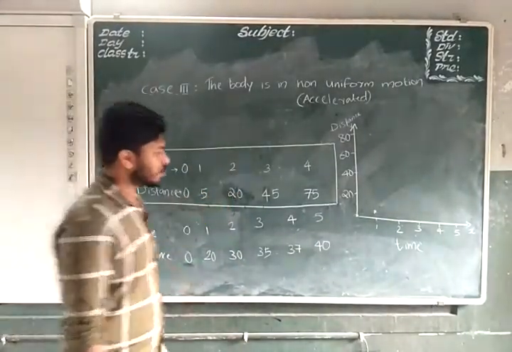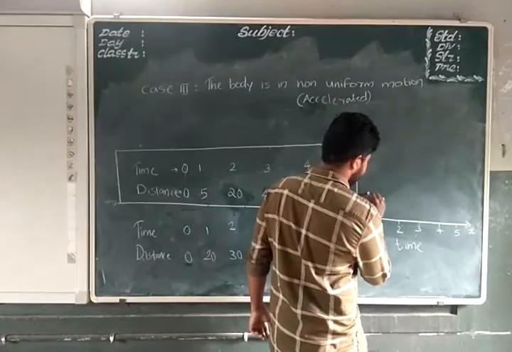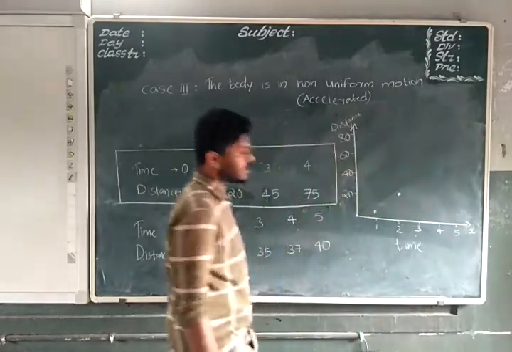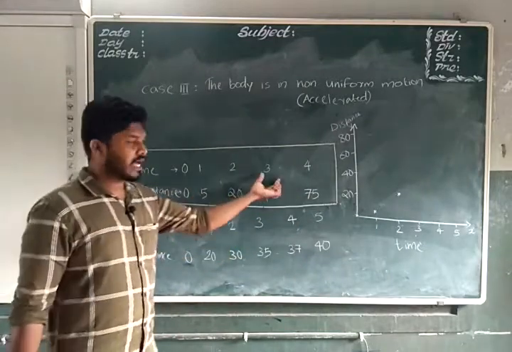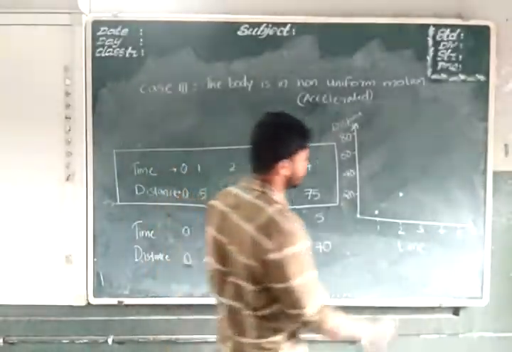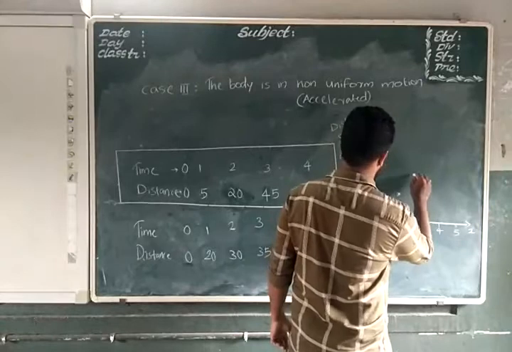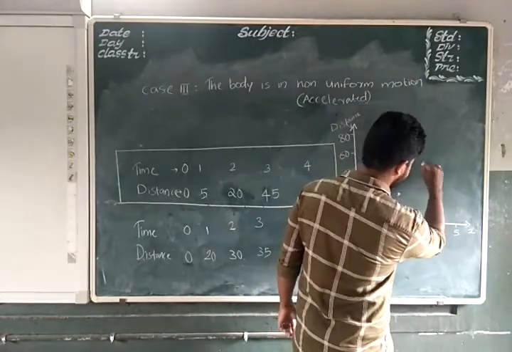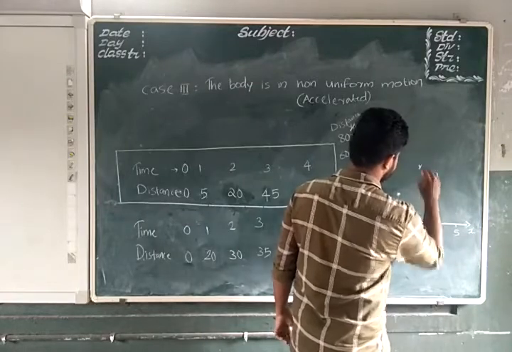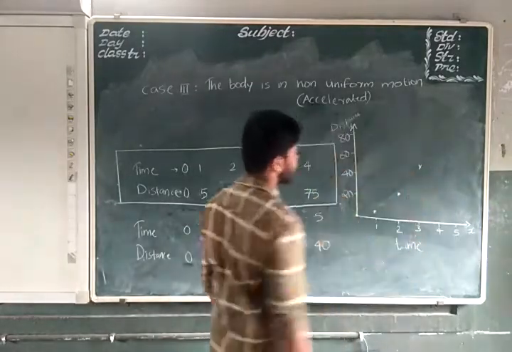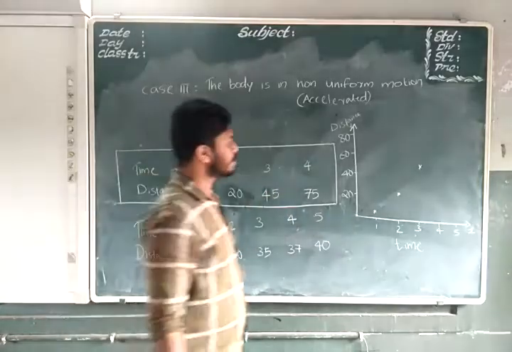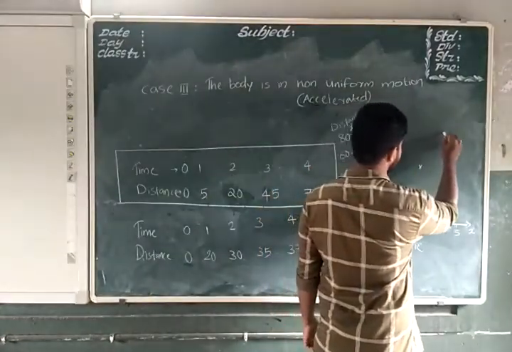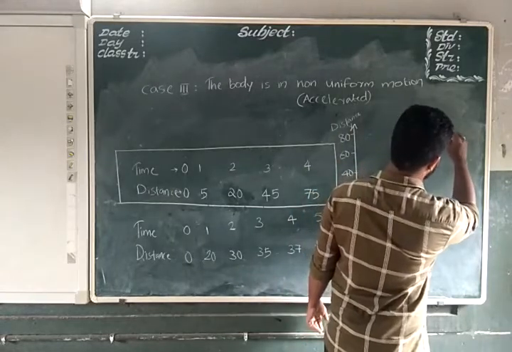At 2, 20. Okay, here 20. At 3, 45. 45 means almost here. At 3, 45. At 4, 75. 75 means almost near 80. So we could mark here.